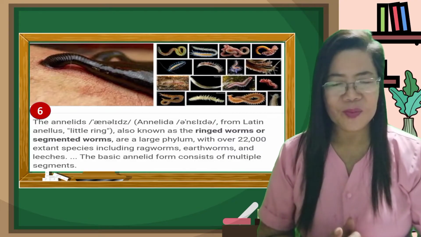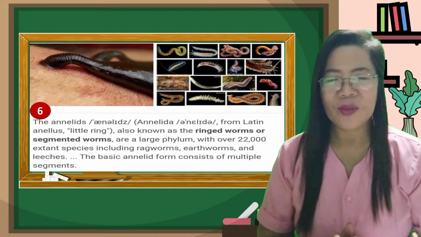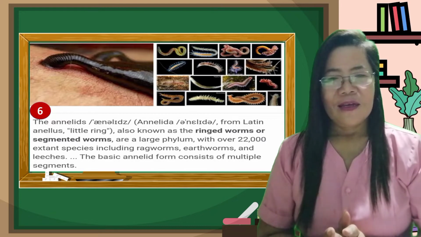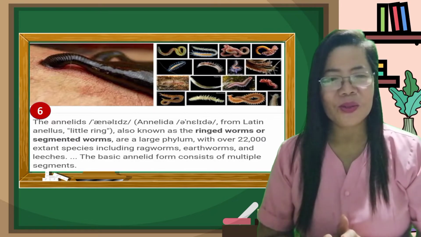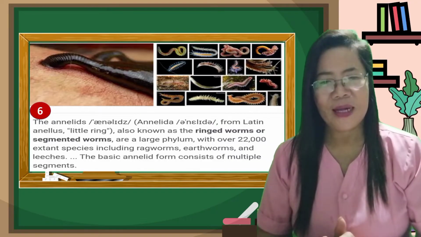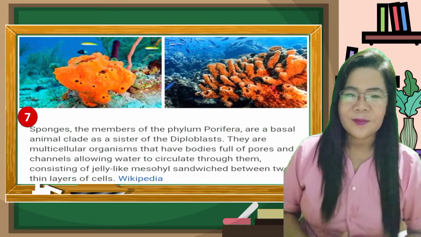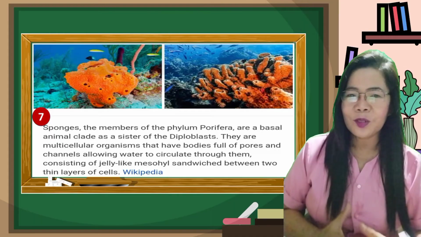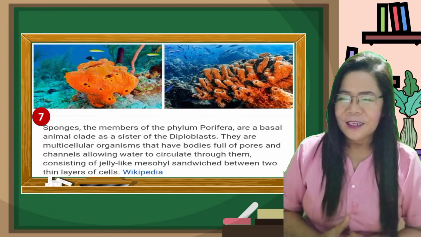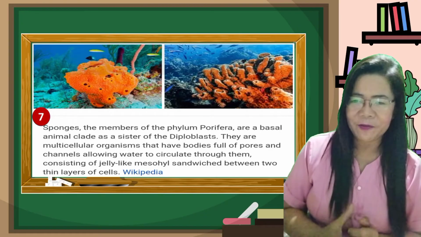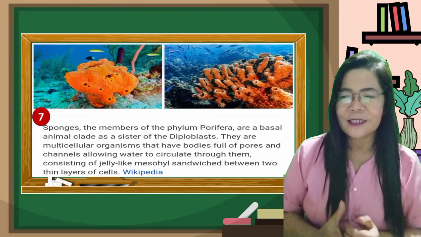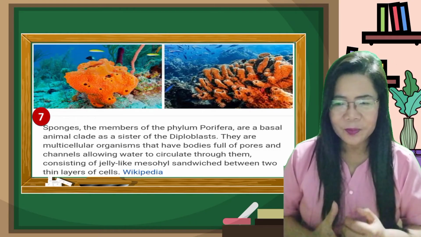They have a digestive system, but they don't have a respiratory system. They breathe through the segments of their body. The next group of invertebrates are sponges. The members of the phylum Porifera are a basal animal clade, a sister of Diploblasts.